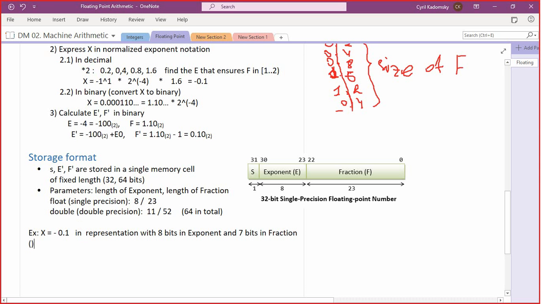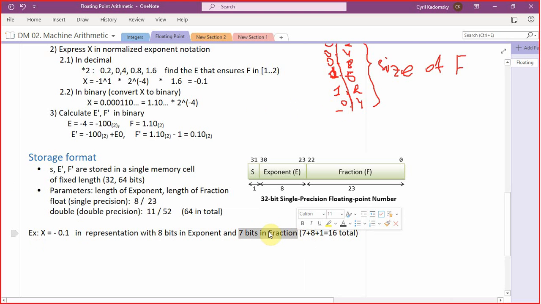This will make 7 plus 8 plus 1, 16 bits total. So our representation will occupy exactly 2 bytes, of which 8 bits will be for exponent, 1 for sign, and remaining 7 for the fraction.